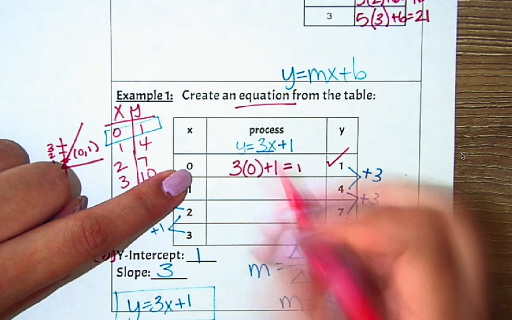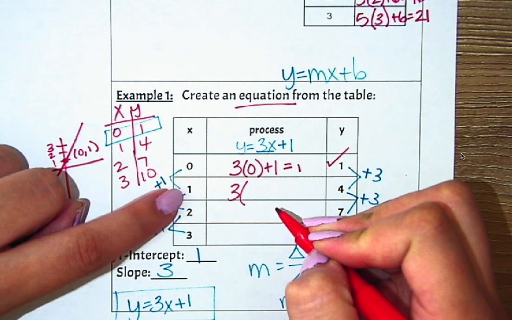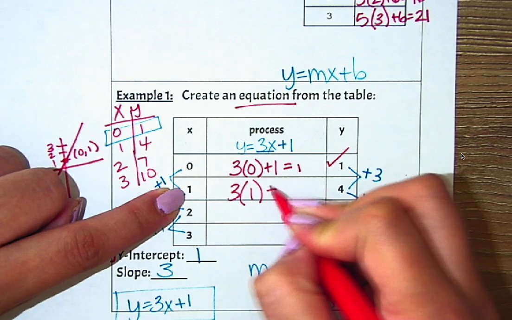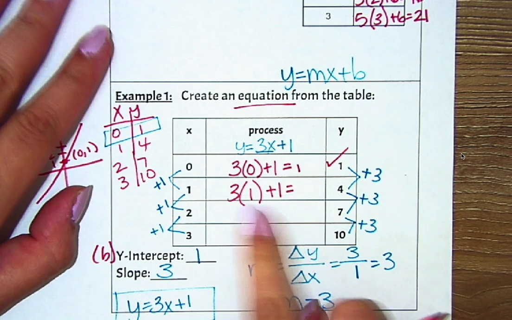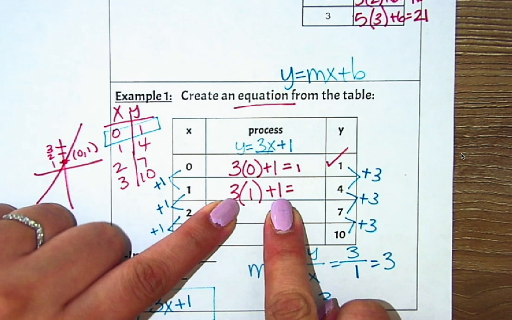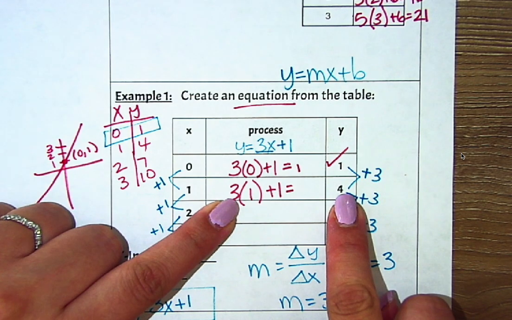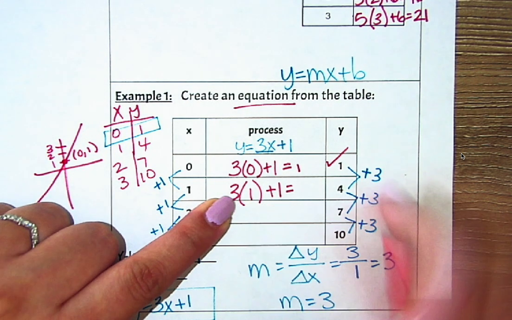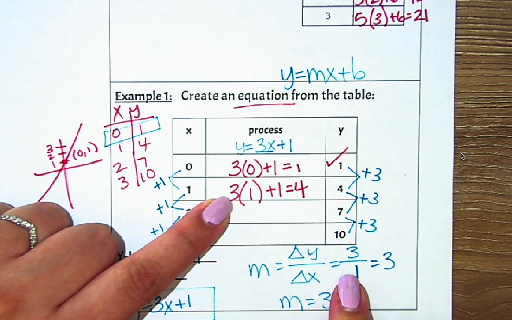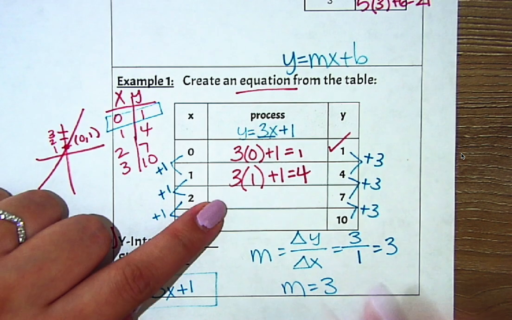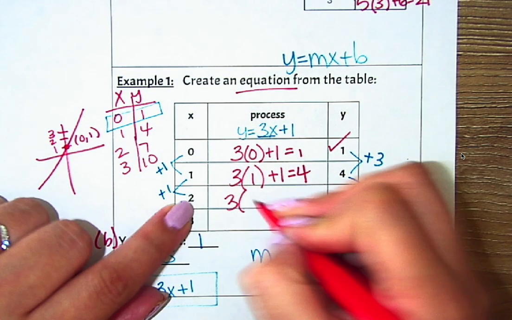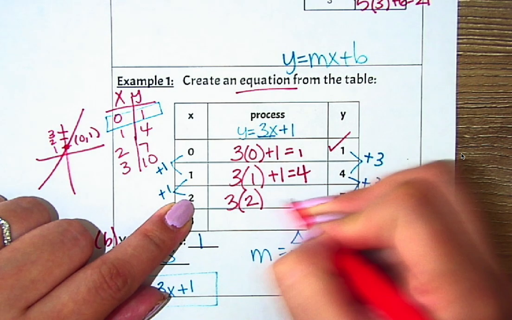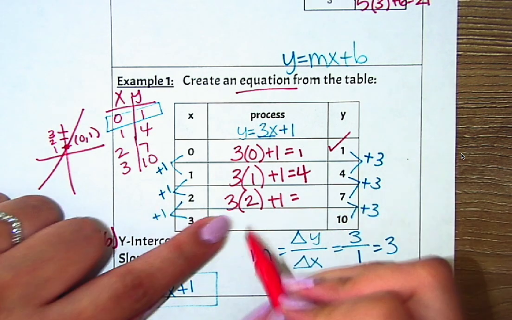I'm using my equation. 3 times x, my x is now 1, plus 1. Again, after I solve for this, I should get the number 4. So let's do it. 3 times 1 is 3, plus 1 is 4. And the next one, 3, I'm plugging in my x value, which is 2, plus 1.